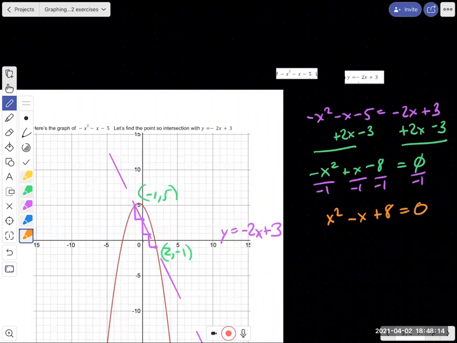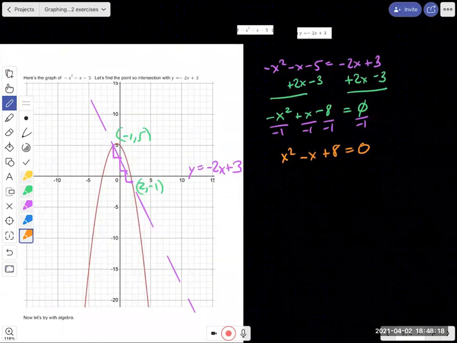And again, that does not look like it's factorable, does it? Does that look like it's factorable? It doesn't. And so I'm just going to check. So let's just double check.